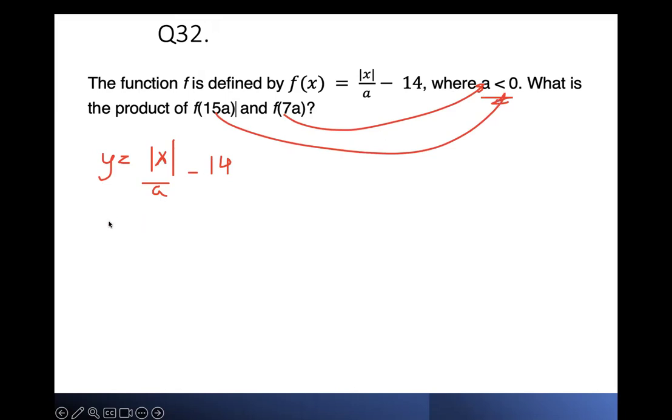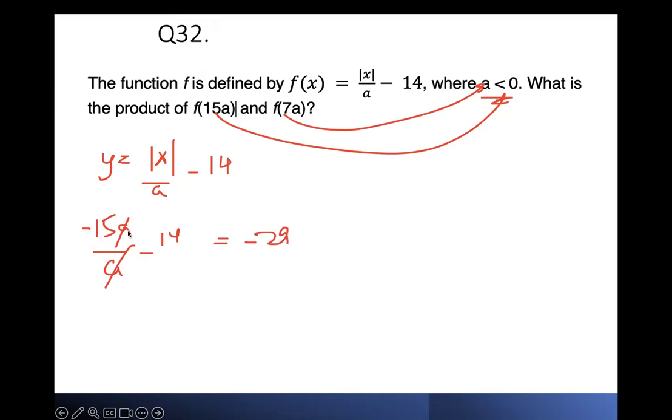Therefore, if I put 15a here, for it to be less than 0, it has to be the negative of the absolute value, over a minus 14. This cancels, and then it just gives you minus 29. If you don't do that, you get a different, wrong answer.